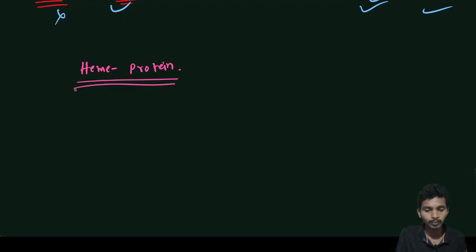Heme protein means here a porphyrin ring is present. So here the porphyrin ring, that we can say PR, is present plus an Fe atom.